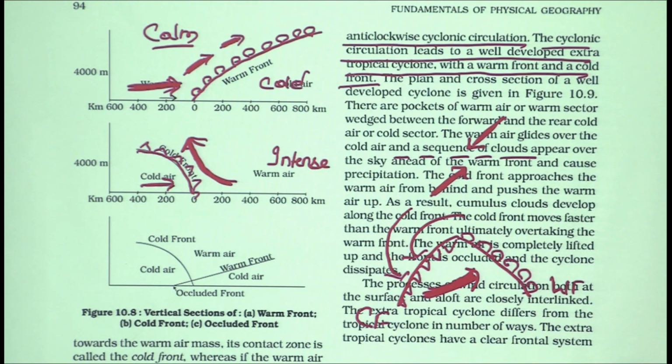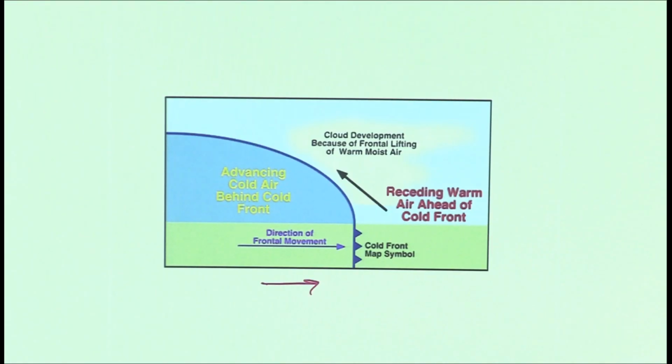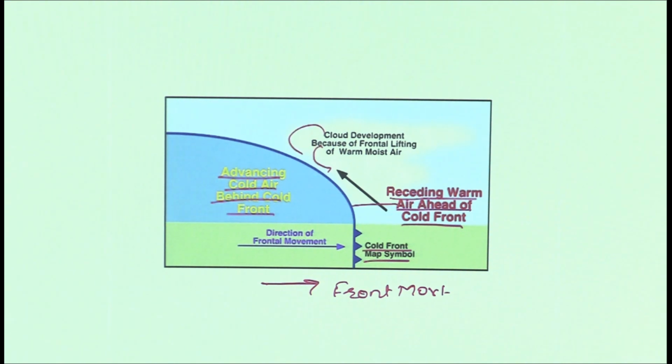See this image? Here we have direction of frontal movement. So front is moving like this. And can you recognize the map symbol for cold front? I have already told you. Advancing cold air behind cold front. So this is my cold front and receding warm air ahead of cold front. And because there is abrupt rise, which type of clouds do we largely develop here?